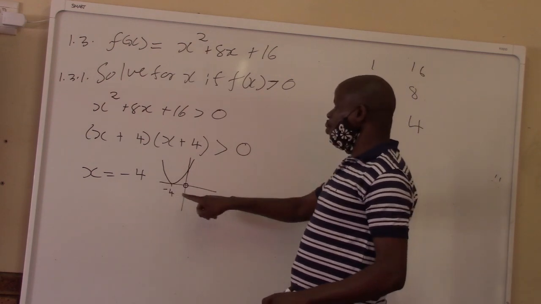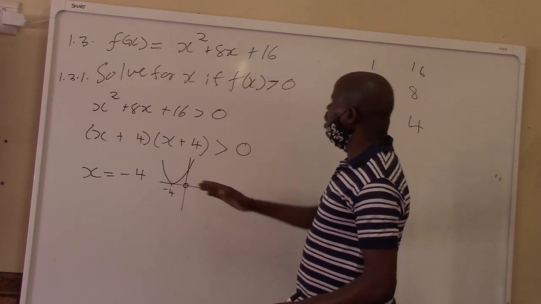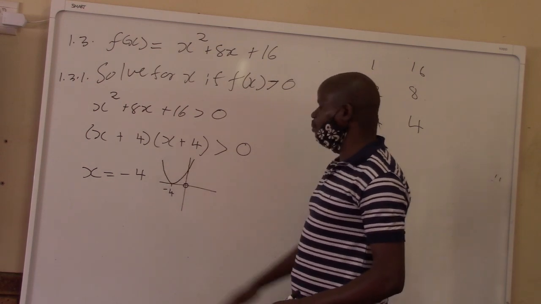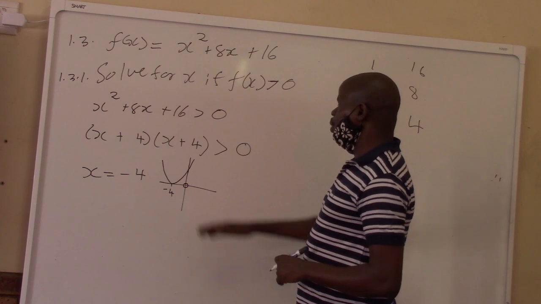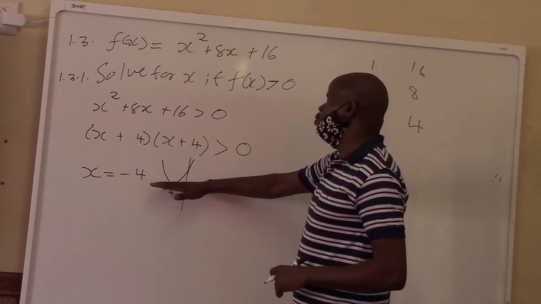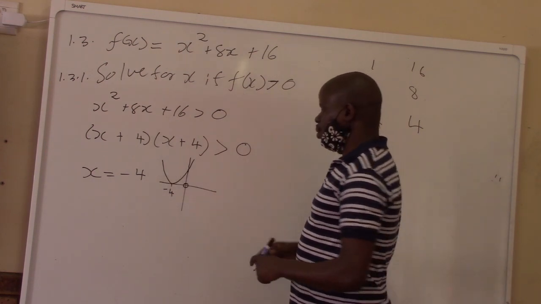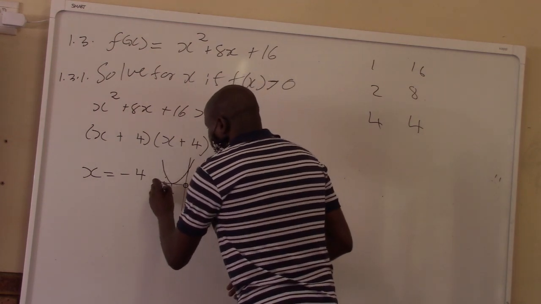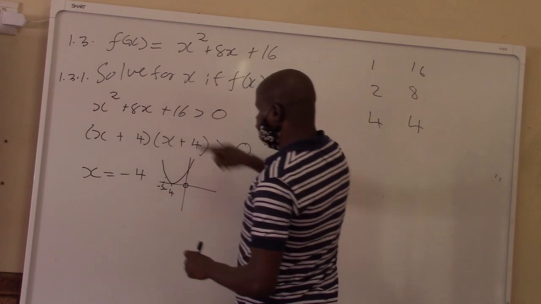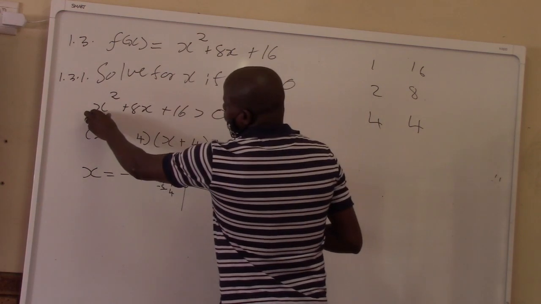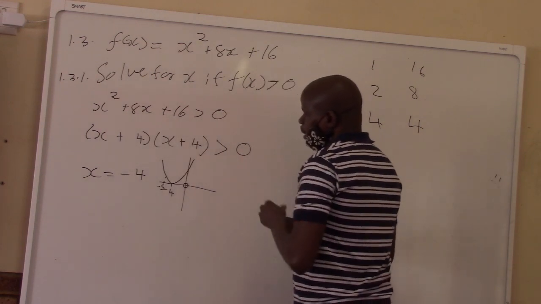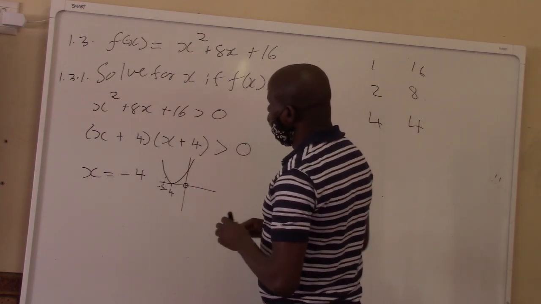Now, if that is the rough sketch and it's greater than 0, in this graph there's nothing that will give us less than 0. It's just going to give us equal to 0 or greater than 0. For example, if we substitute -5 here, it will be 25, and here it's going to be -40.